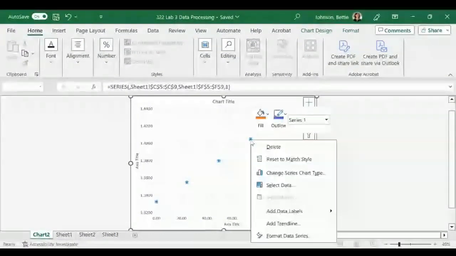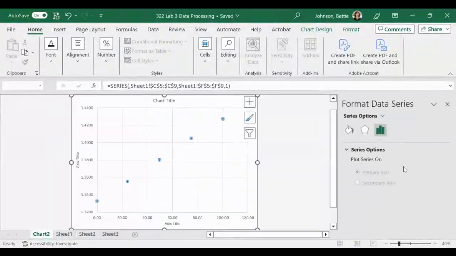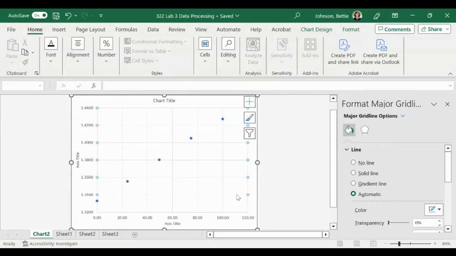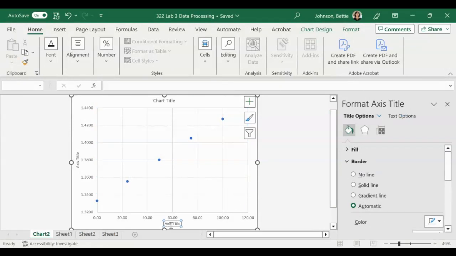Next, I'm going to make the data points a little bigger as well for easier viewing. Go to Format Data Series, and I'll need to click on Marker Options, and there I can increase the size of the markers. Okay, so now we have a graph that we can see somewhat.